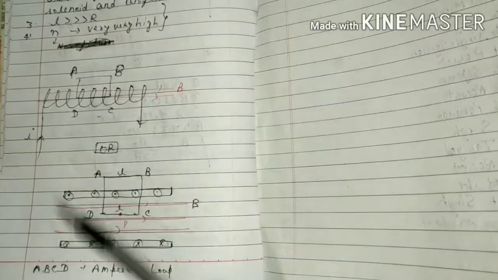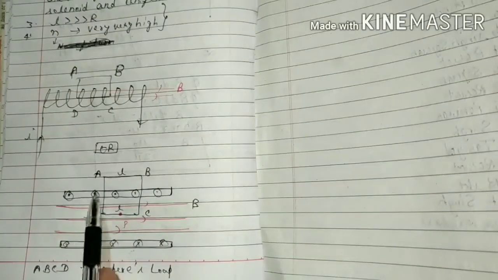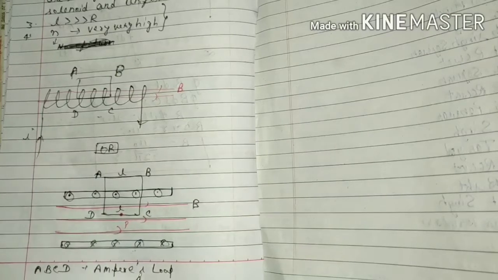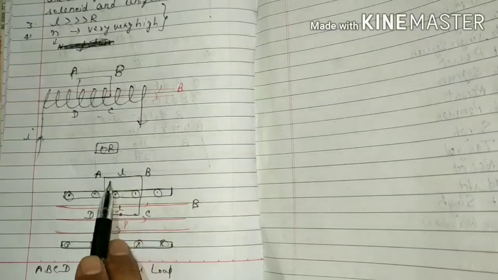Both are the same diagram. ABCD is our Ampere loop. B is the magnetic field, and we want to find its value inside this solenoid. The length of AB is L.